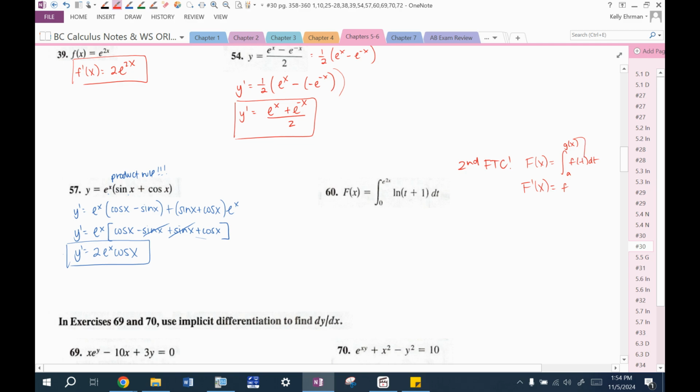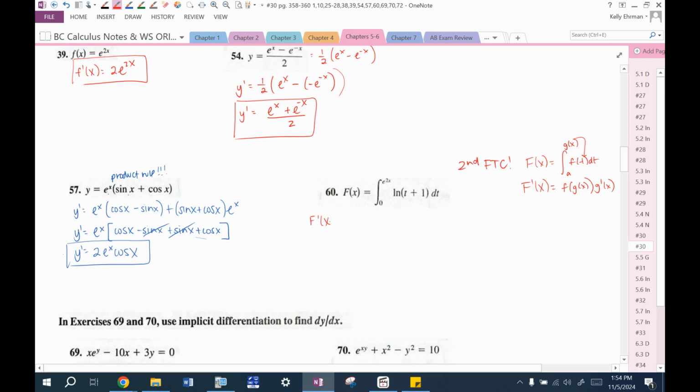The g of x will get plugged into the function, so f of g of x. And then you'll need to remember to multiply chain rule by g prime of x. I have a proof for why that happens in our notes in chapter 4, or you can come into office hours for a quick little explanation there. I just don't want to make this video longer.